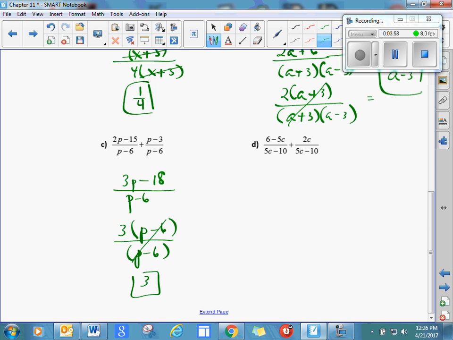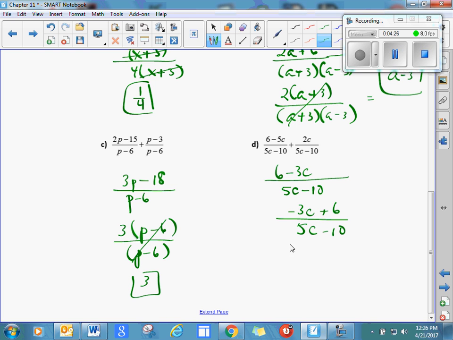One final one. 5c minus 10 is the common denominator, and I have 6 minus 5c plus 2c. So that's 6 minus 3c. You can write it in standard form. You can move the minus 3c to the front, and I think that's what I'll do because that's generally the way we roll.